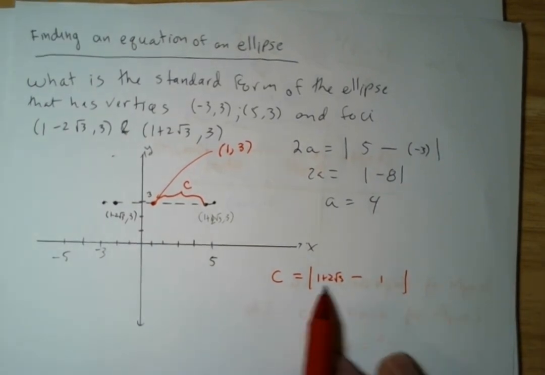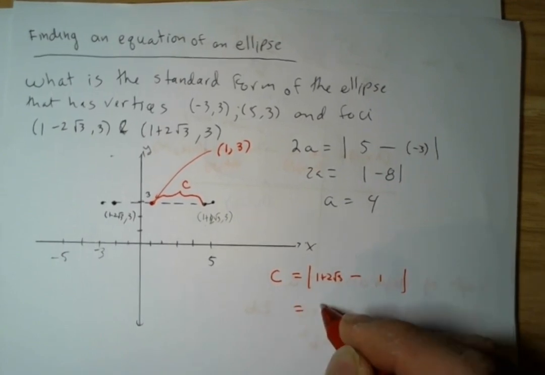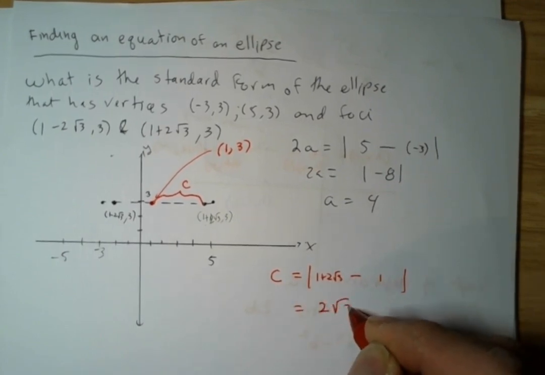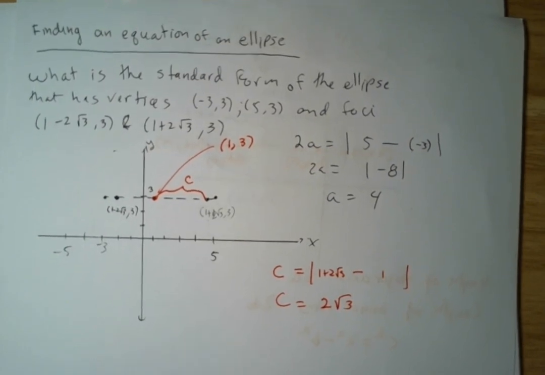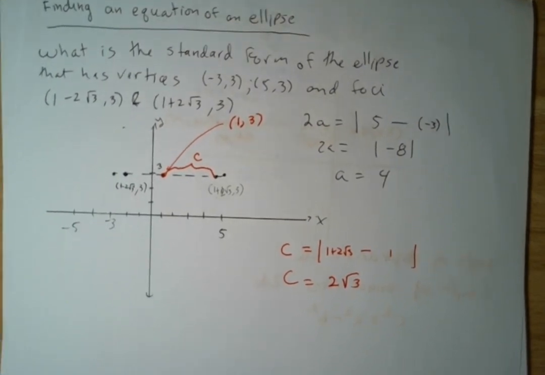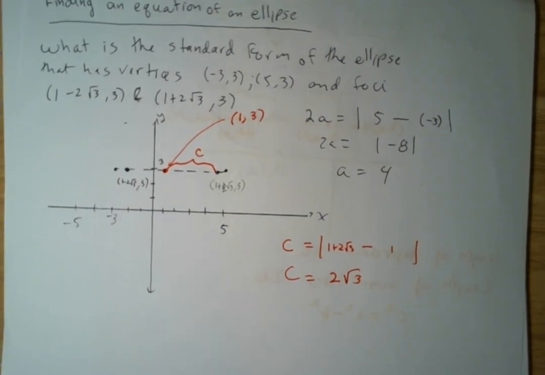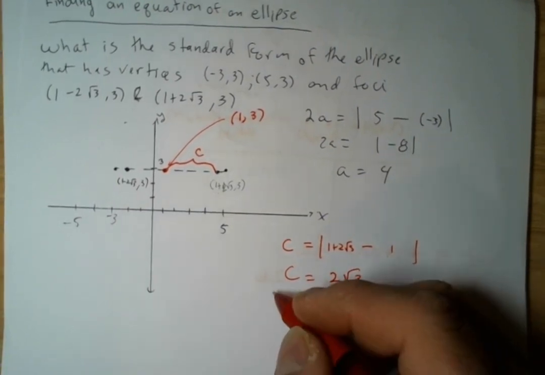The 1 cancels out, and we're left with the absolute value of 2√3, but I can just write it as 2√3 since it is a positive value. We're cooking here.